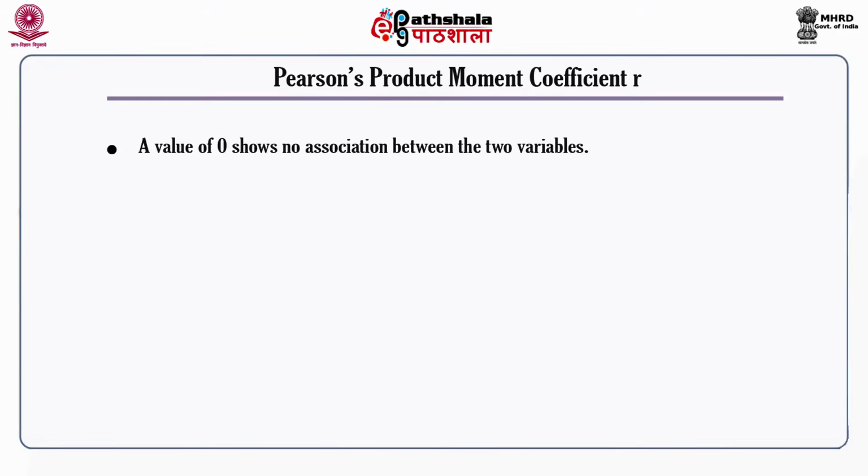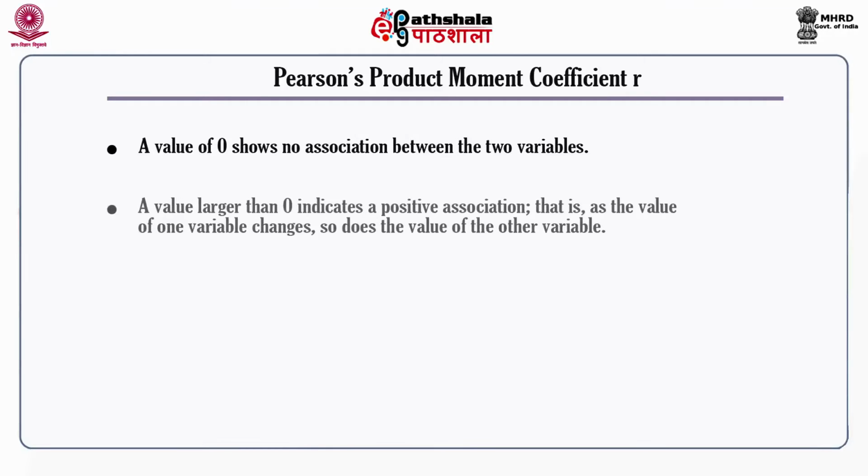A value of 0 shows no association between the two variables. A value larger than 0 indicates a positive association. That is, as the value of one variable changes, so does the value of the other variable. A value less than 0 indicates a negative association.